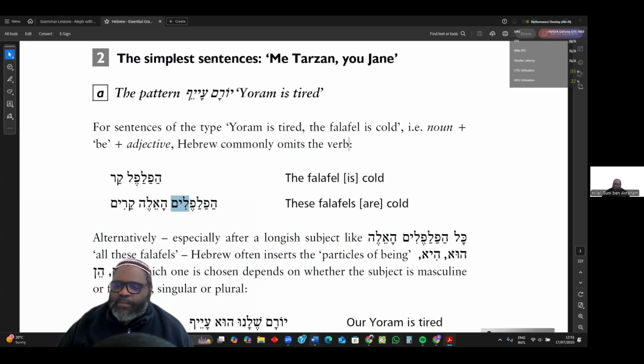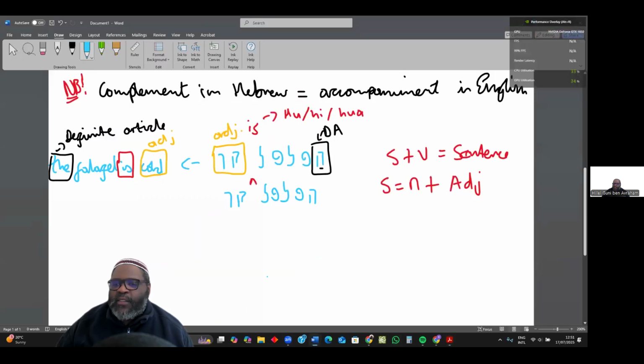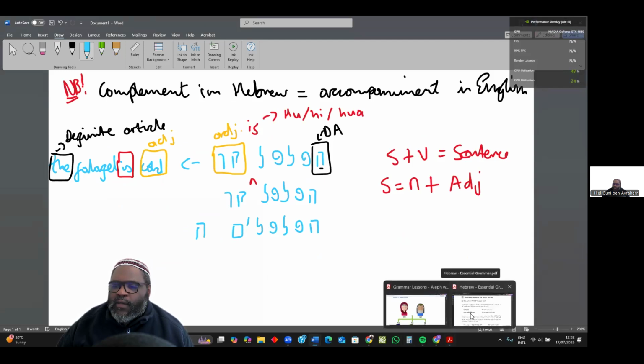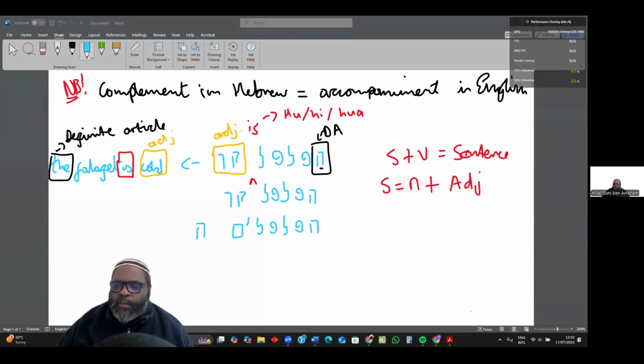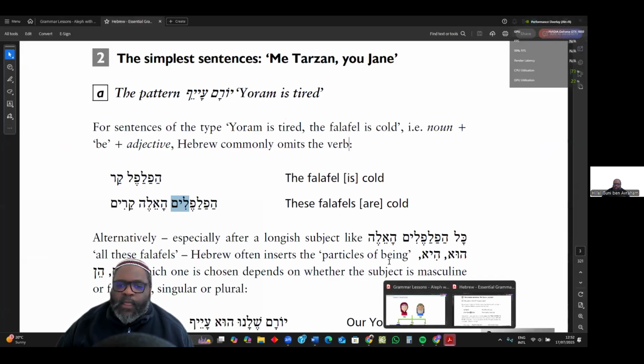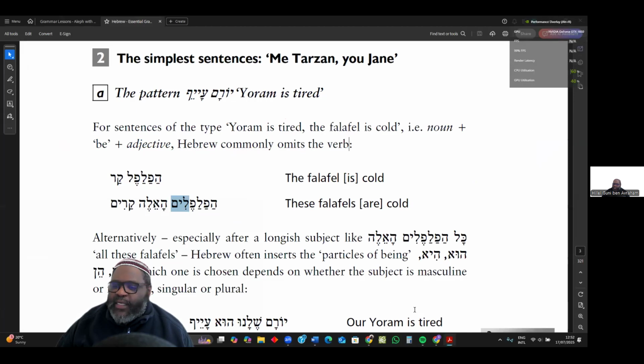So let's go right together and we say hafalafelim, ha'ele, not haze. So it will be Aleph, Lamed, Hey.